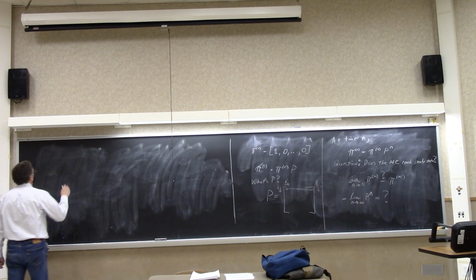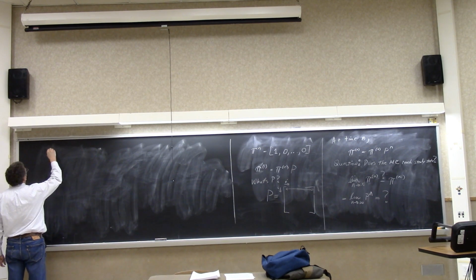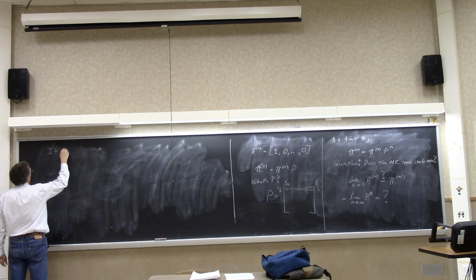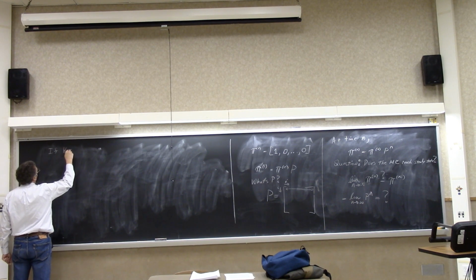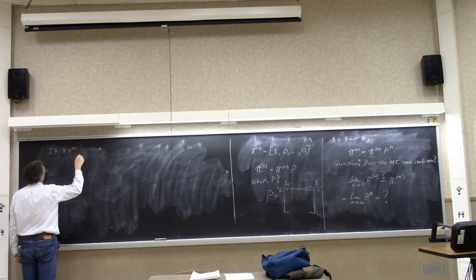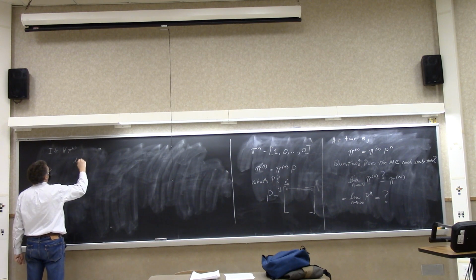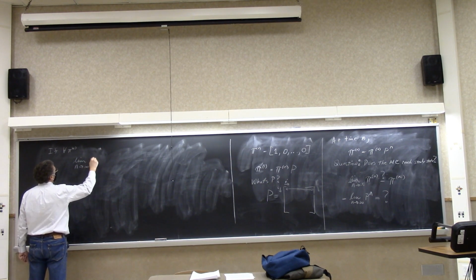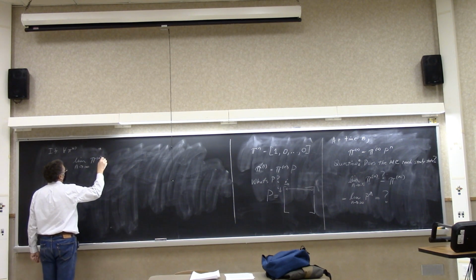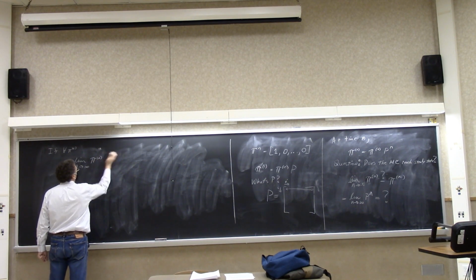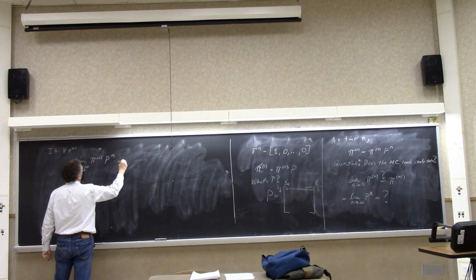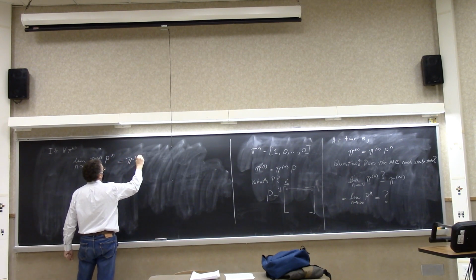So first of all, if for all pi 0, the limit as n goes to infinity of pi 0 times p to the n equals pi infinity.